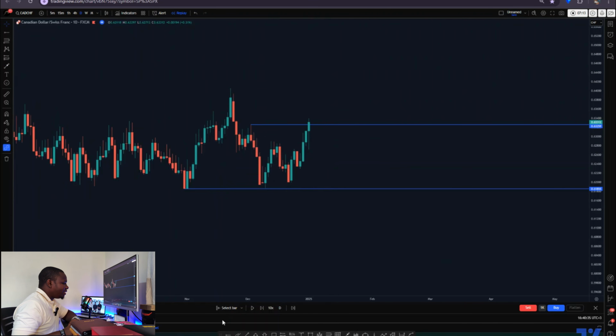Now because I've identified the price action just moving around the area, I'll start plotting the structure if I see one. Like for instance here, I can see we have an example of the expanding structure.